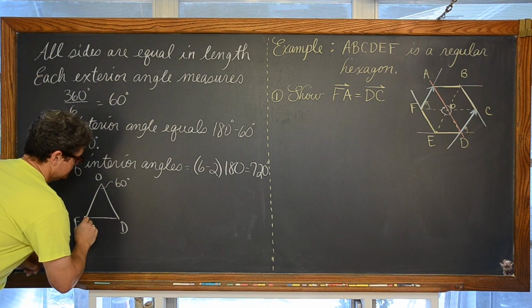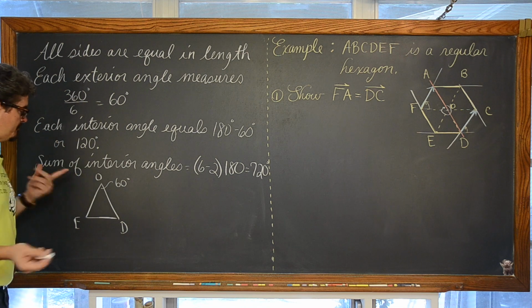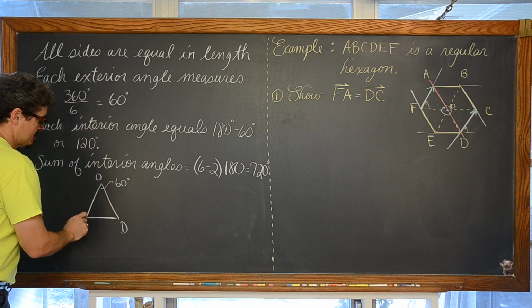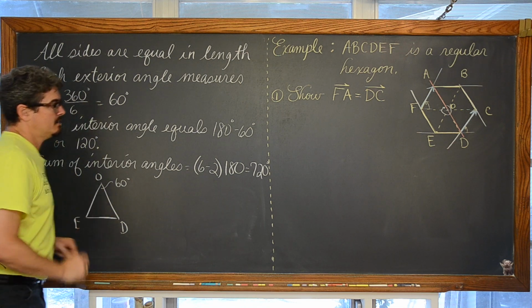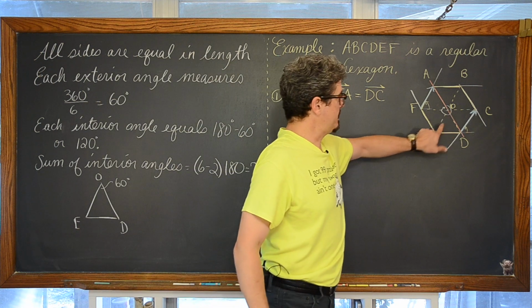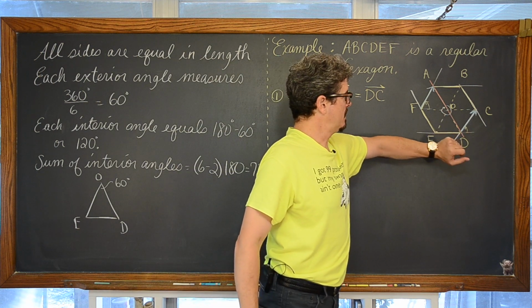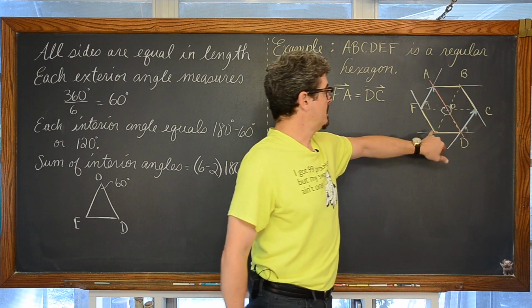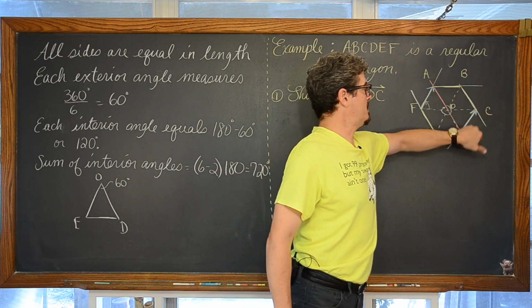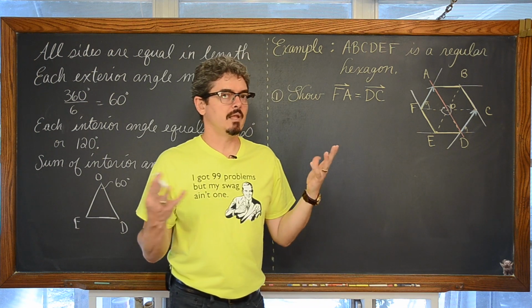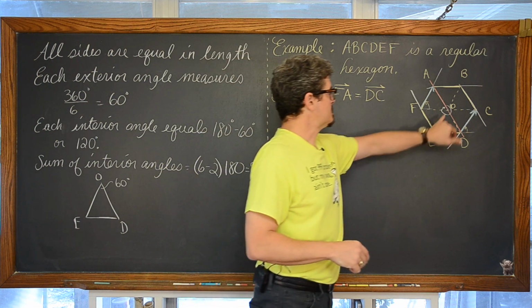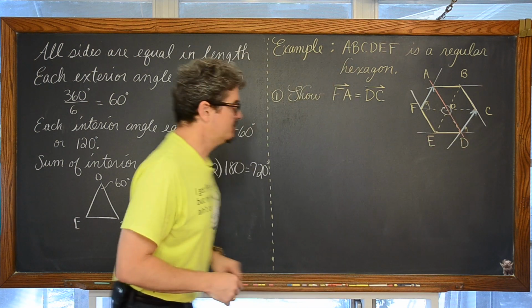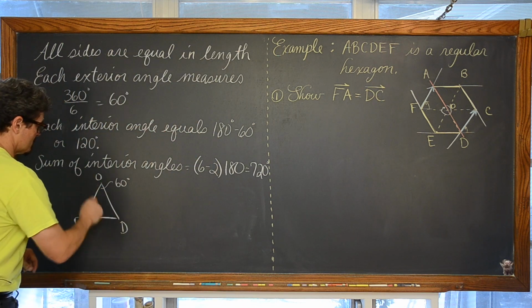Well, inside this triangle, we have segments EO and OD, both of which are basically radii for this hexagon. This regular hexagon could be inscribed in a circle, each of these vertices being on that circle. That's true for any regular polygon.